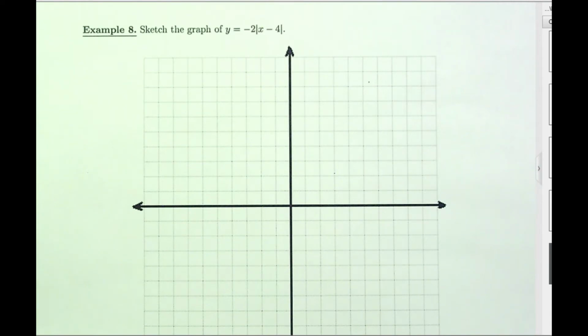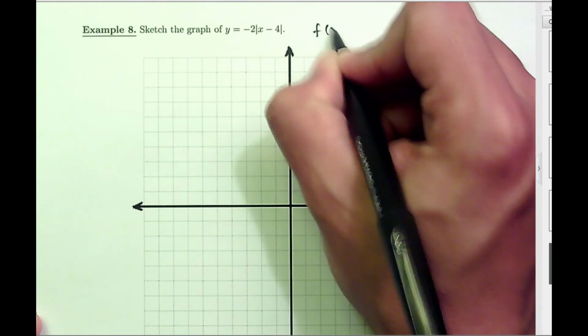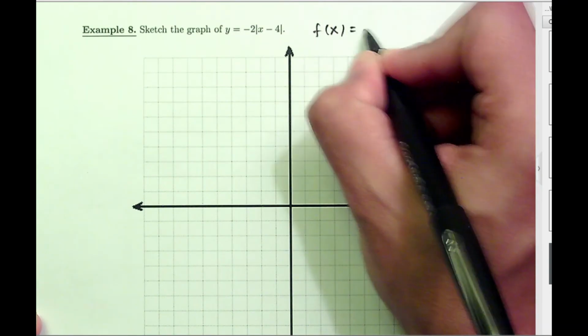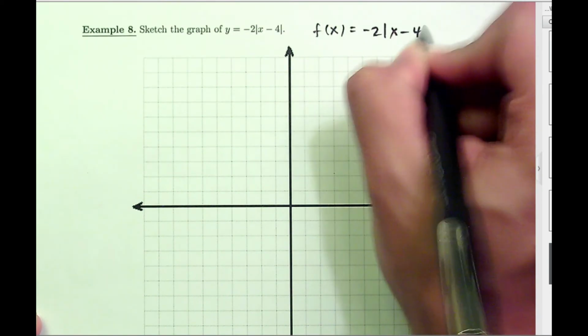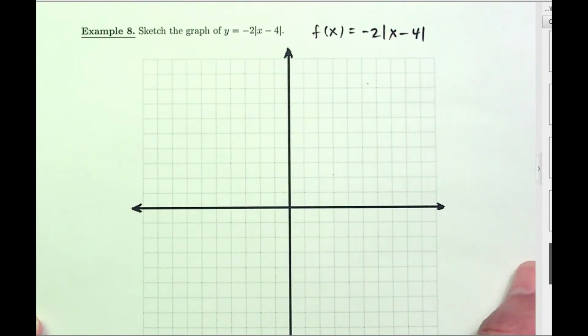Or another way that you could write this would be sketch the graph of f of x equals -2 absolute value of x minus 4. Remember, y equals f of x. This is standard traditional notation. So they can use y or they can use f of x.